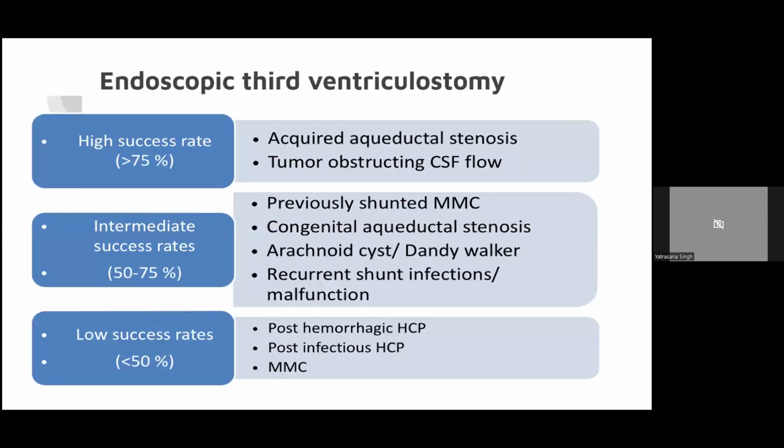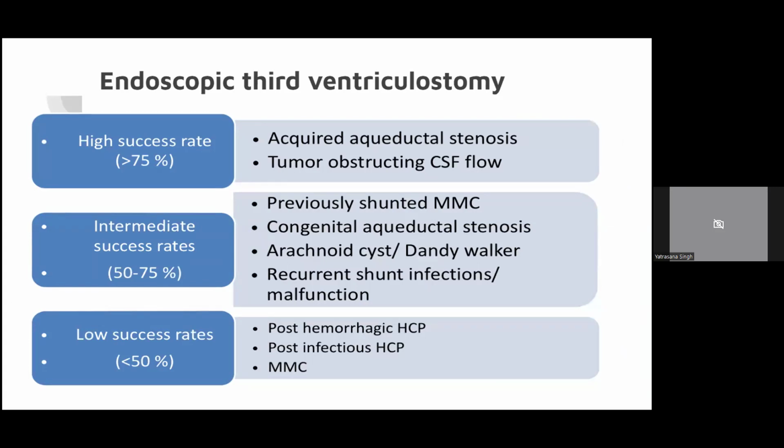The high success rate, being more than 75%, was associated with congenital and acquired aqueductal stenosis and tumor obstructing cerebrospinal fluid flow. Intermediate success rates between 50 to 75% were associated with previously shunted myelomeningocele, congenital aqueductal stenosis, arachnoid cyst or Dandy-Walker malformations, and recurrent shunt infections or malfunction.